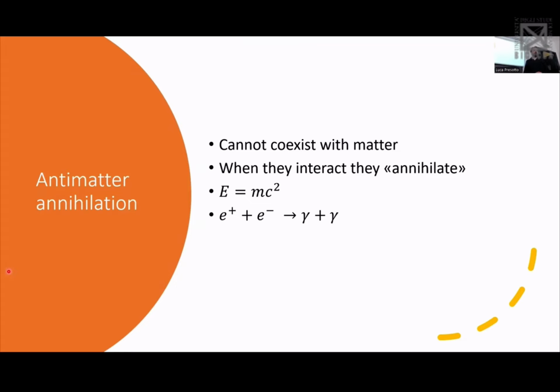So the thing about antimatter is that it cannot coexist at the same time with matter, and when they interact, they annihilate. However, we have the famous relationship given by Einstein that mass and energy are equivalent. In the classical world, we know that energy is always conserved and that mass is always conserved.